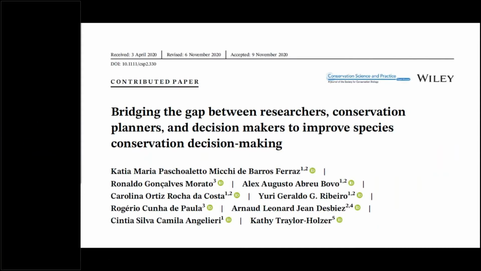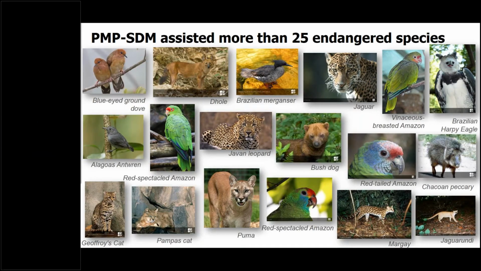So recently we published this paper last December that describes a participatory modeling process that makes use of the SDM, the modeling tool, to bridge the gap between researchers, conservation planners, and decision makers to improve species conservation decision making. So this process was developed in the last 11 years in all the conservation workshops I have participated in.